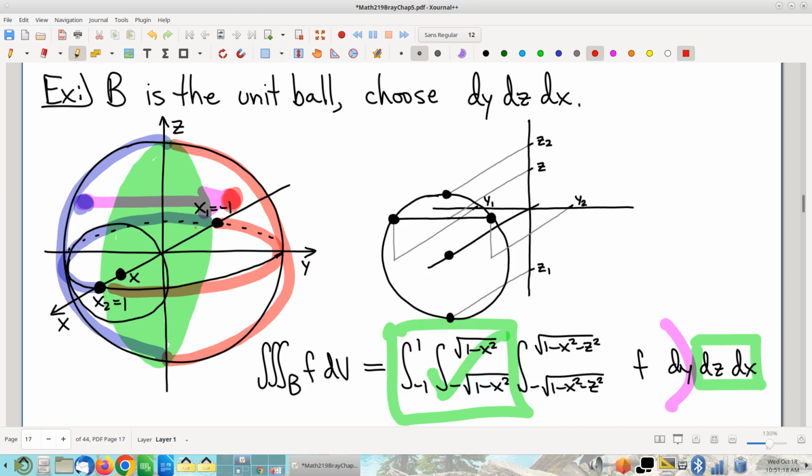You do have to realize that for the lower bound for y, per the picture, I need to pick the negative square root when I'm solving for y. For the upper bound, I need to pick the positive square root. Again, the picture shows.